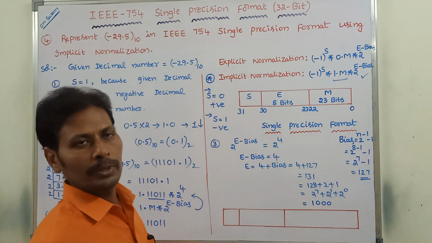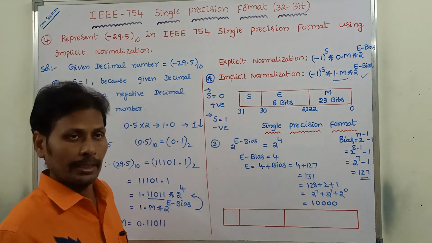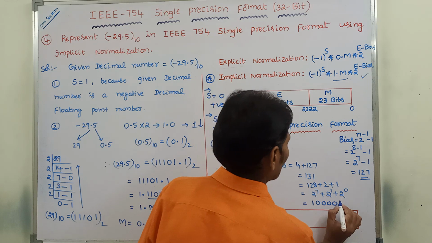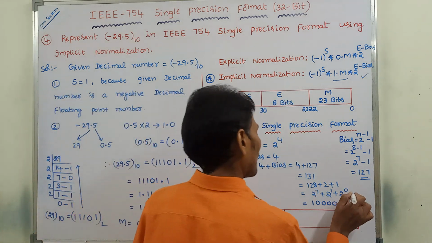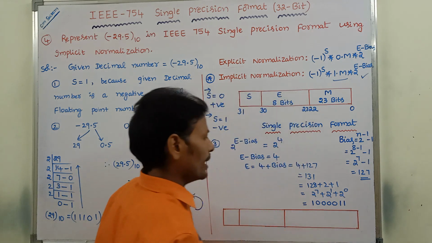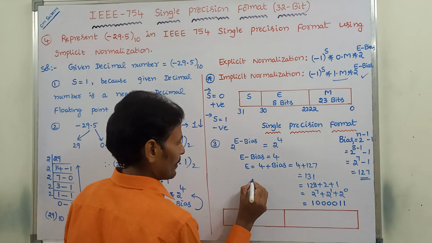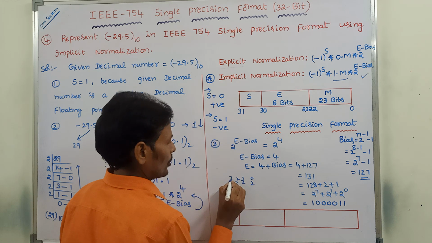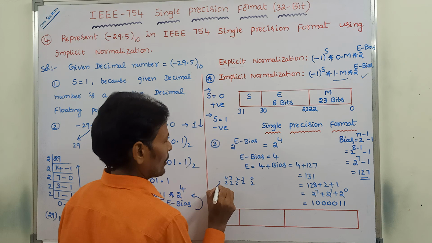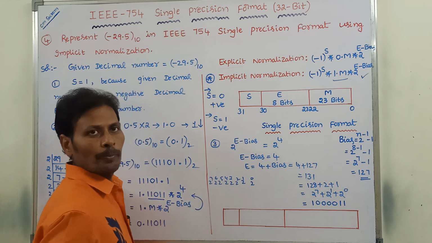2 power 2 is missing, its value is 0. 2 power 1 exists, so its value is 1. 2 power 0 is there, so its value is 1. So here you have to write in this way: 2 power 0, 2 power 1, 2 power 2, 2 power 3, 2 power 4, 2 power 5, 2 power 6, 2 power 7.